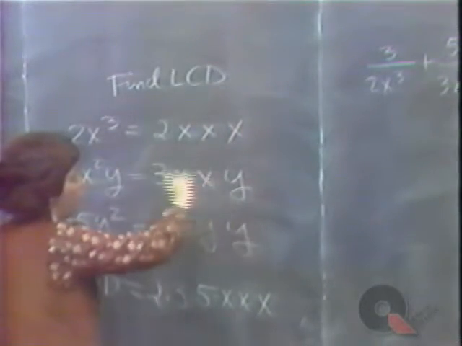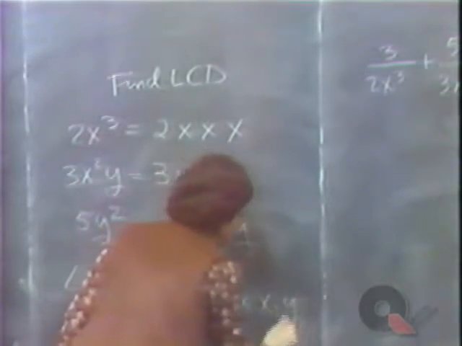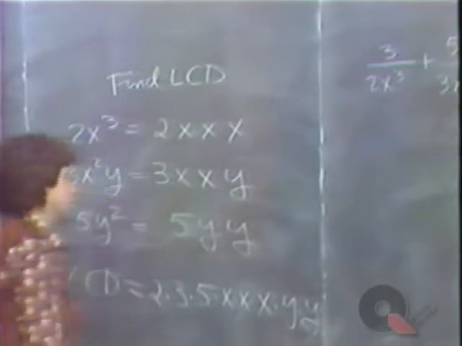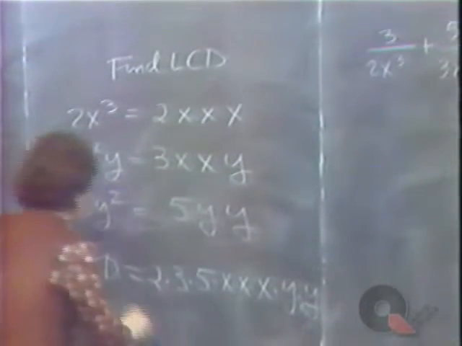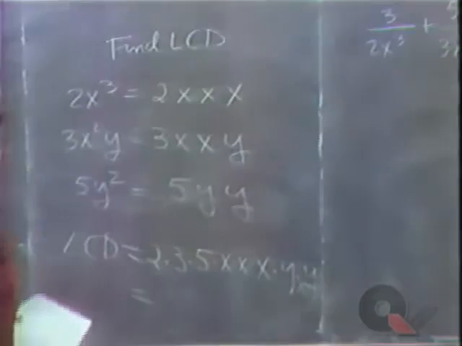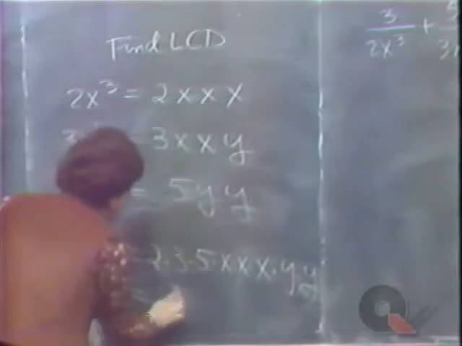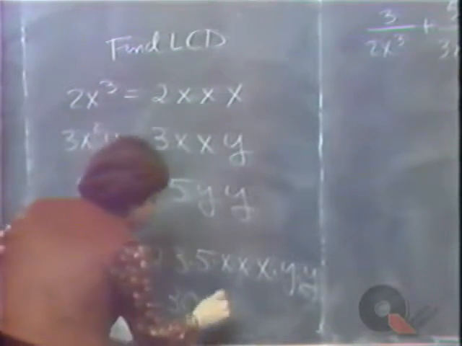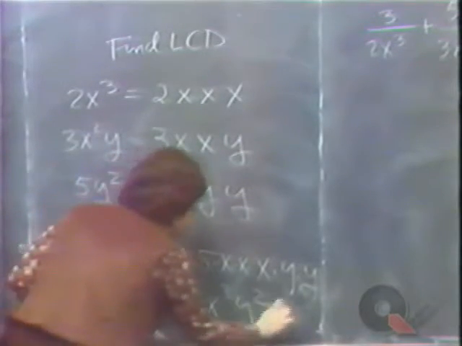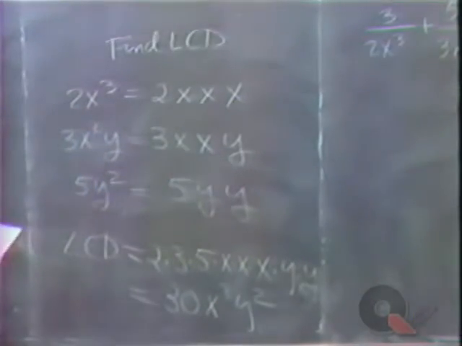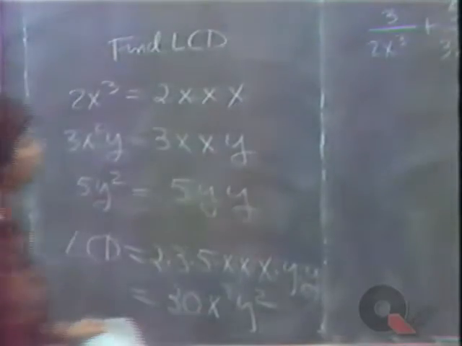Y, no times, 1 time, 2 times, we put it down the 2 times, the largest number of times it appears in any one denominator. Okay, 2 times 3 times 5, that's 30. X cubed y squared for the least common denominator.